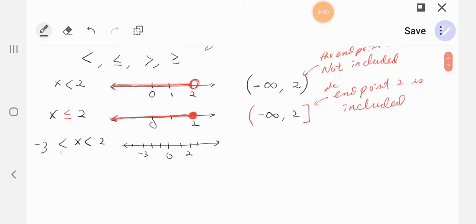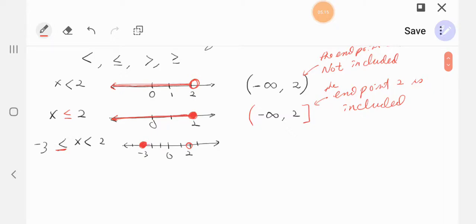X is less than 2, and x is greater than or equal to negative 3. So x is between negative 3 and 2, but negative 3 is included. The graph will be like this. At negative 3 there's an equal sign, so negative 3 is included and we use a dark circle. It goes all the way up to number 2, and 2 is not included.